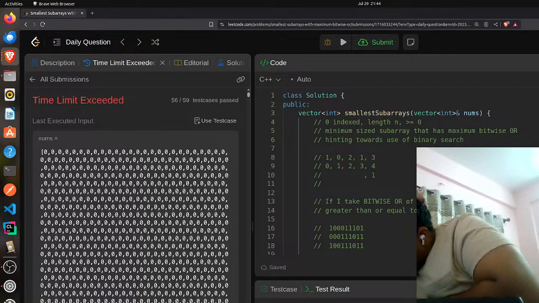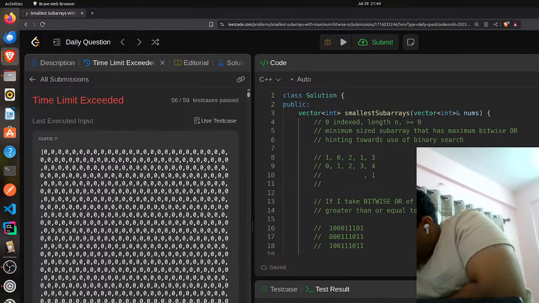So when I come to 1, what I will check is, myself 1, and the OR of the maximum OR of all the elements excluding me to my right is 3. So will I be able to make a new contribution?